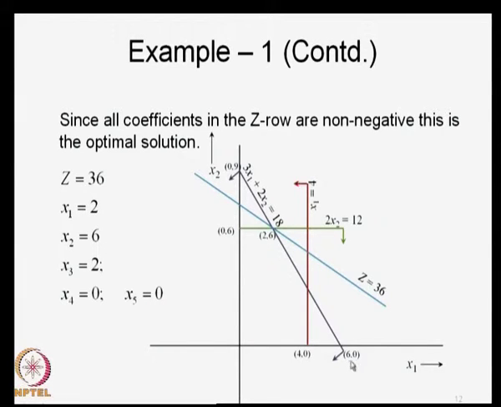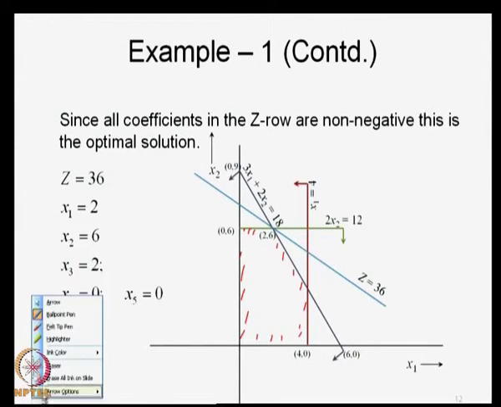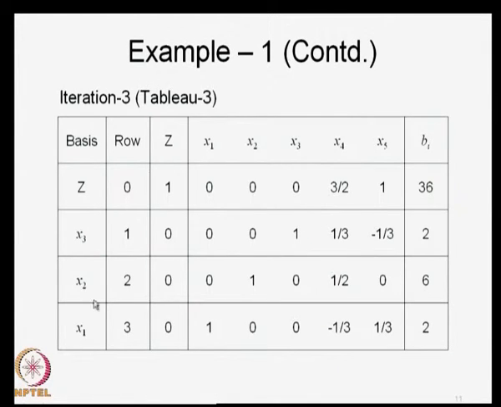Recall that this is your feasible space, and we finally obtained the optimal solution as this particular point 2, 6 and z value was 36. So, the x1 value was 2 here, x2 was 6, and of course, x4, x5 will be 0 at this point, and that is exactly what we obtain here. X1 is 2, X2 is 6 and Z value is 36.